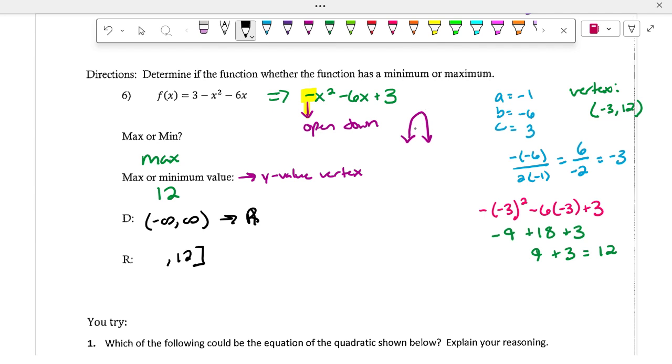Negative infinity, because remember, if you're looking at the overall shape, 12 would be up here, and then the lowest would be all the way down here at negative infinity. So guys, if you can't visualize that, just draw a quick sketch of what it looks like. You know it's going to look like a max, so it's going to be an upside down U. And then just use that to visualize what's going on. And again, you can also write this as y is less than or equal to 12, either way.